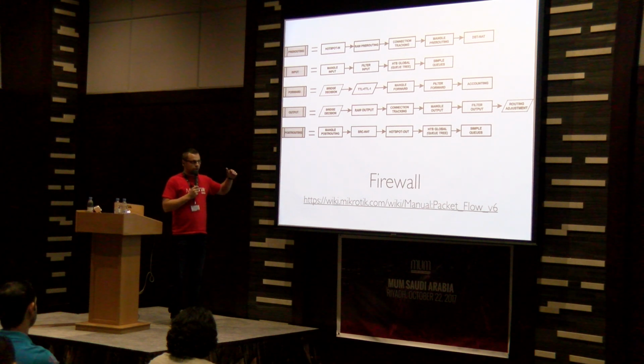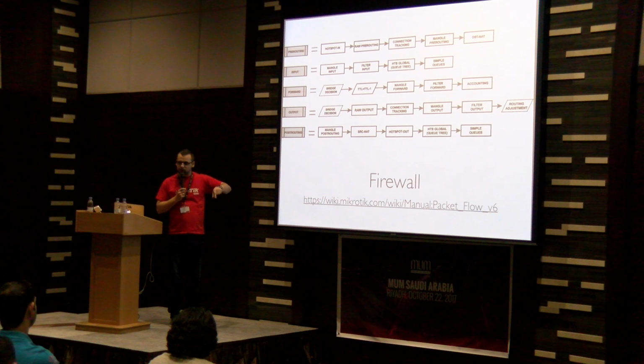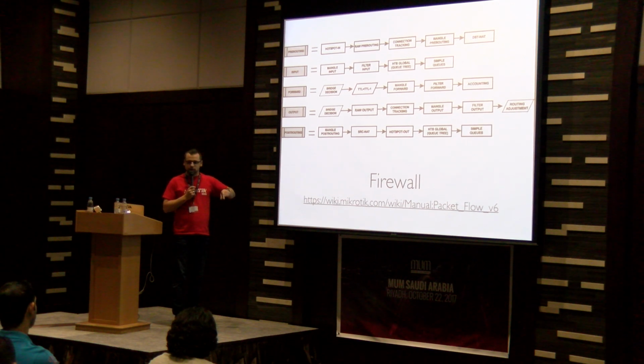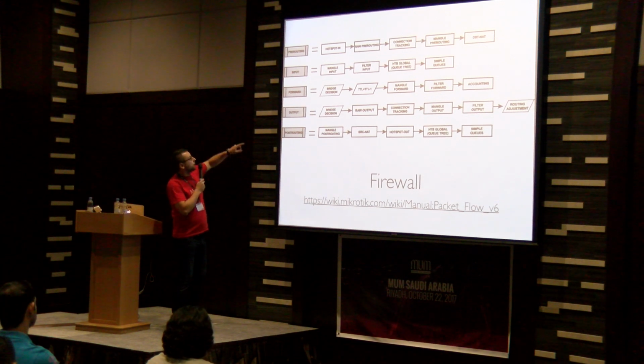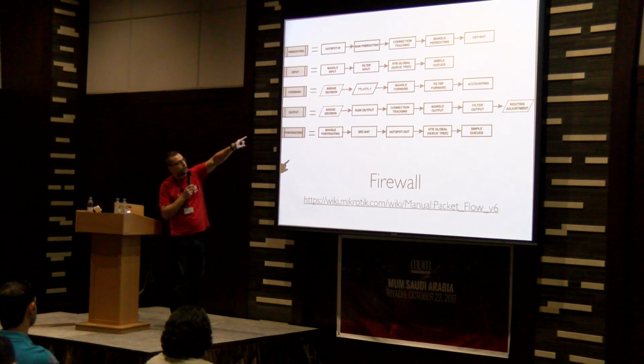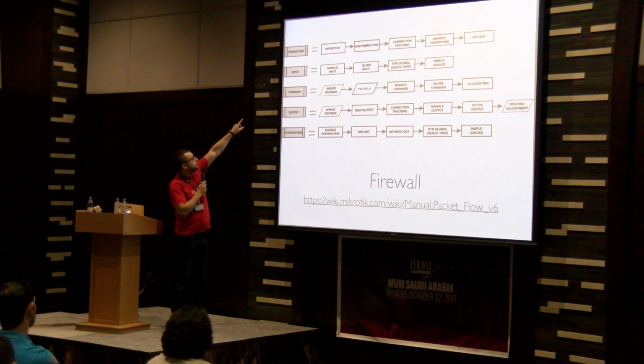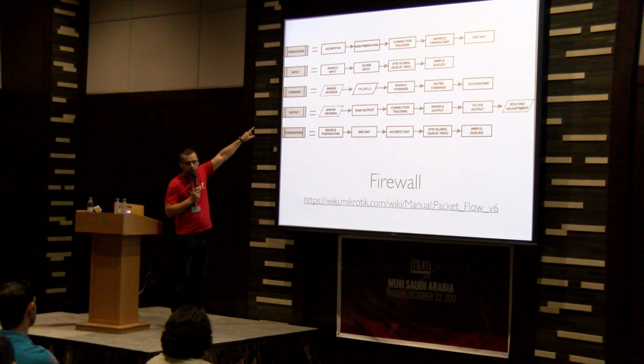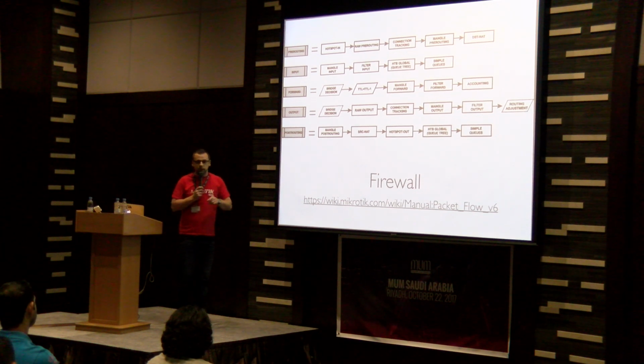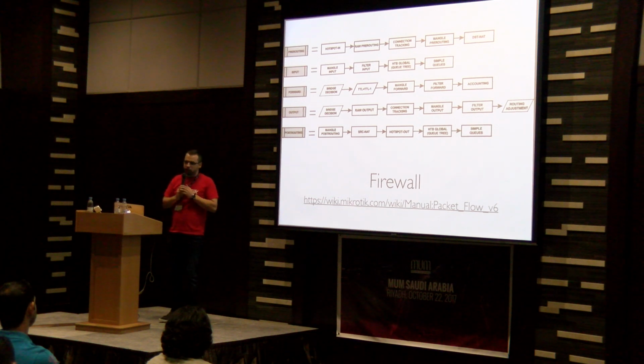But what is the connection? The main connection was made from the internet to the router IP address. It should be input, right? No, it's not input. Because in pre-routing, you can see destination NAT happens before input. And now it's not input traffic, it's already forward because the destination address was on the local subnet, so we must accept packets in the forward chain, not on the input chain.